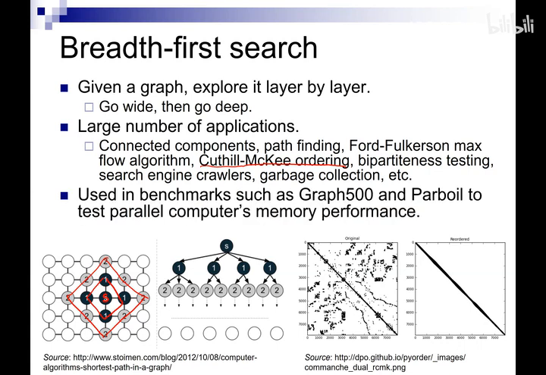BFS is also used in benchmarks to gauge the performance of computers, like supercomputers. For example, we have something called the Graph 500 benchmark, which is basically the top 500 supercomputers, but now not ranked by LINPACK, but instead ranked by their performance on BFS.